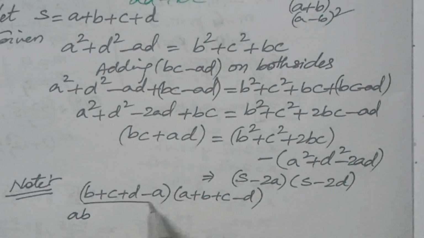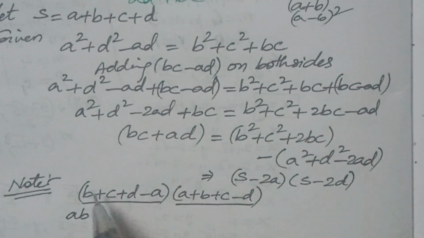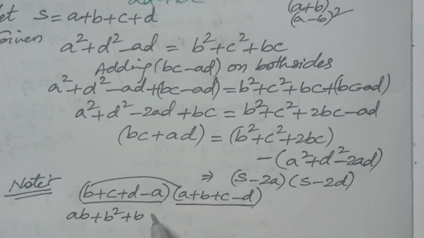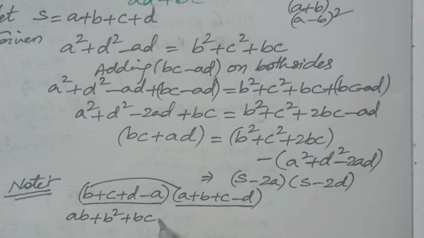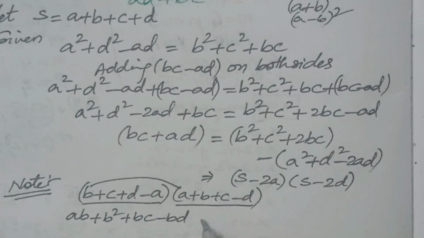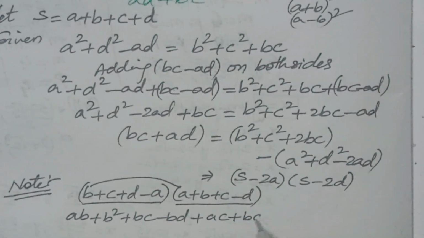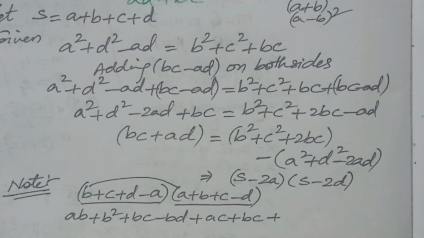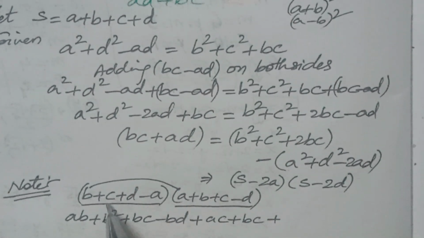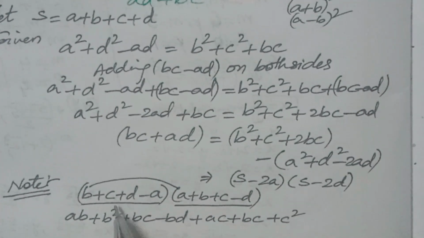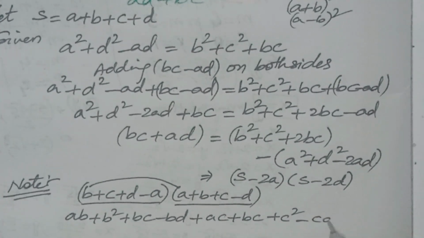First I am multiplying these two: AB plus B square plus BC minus BD plus AC plus BC, AC, BC, C square minus CD.